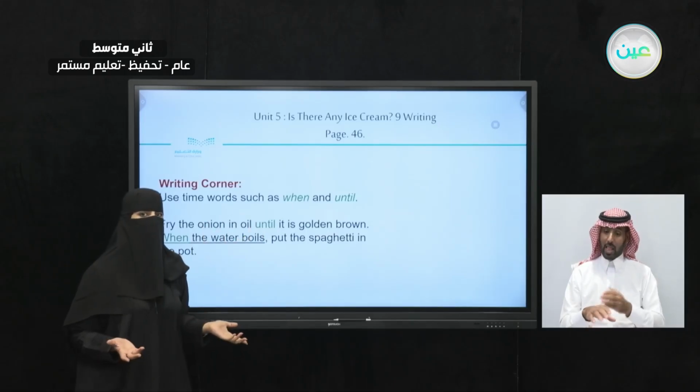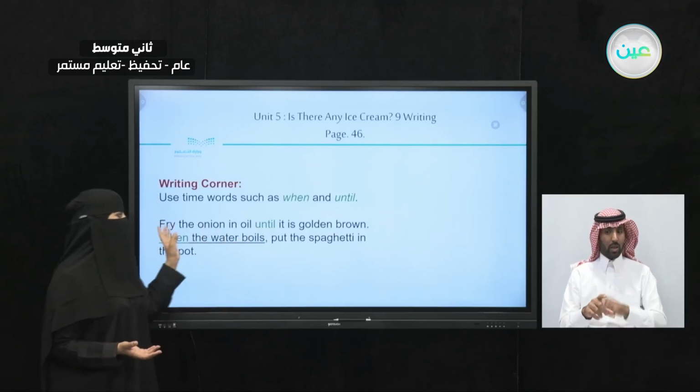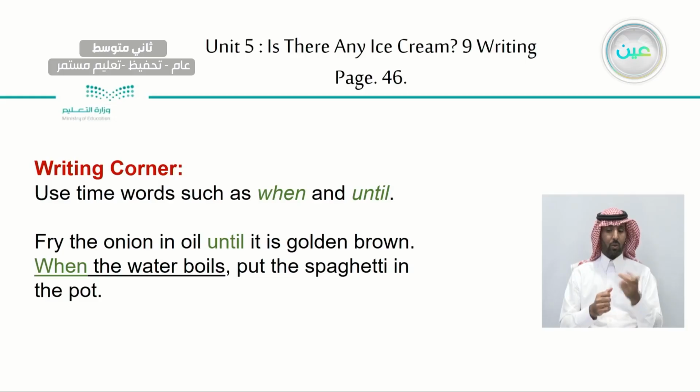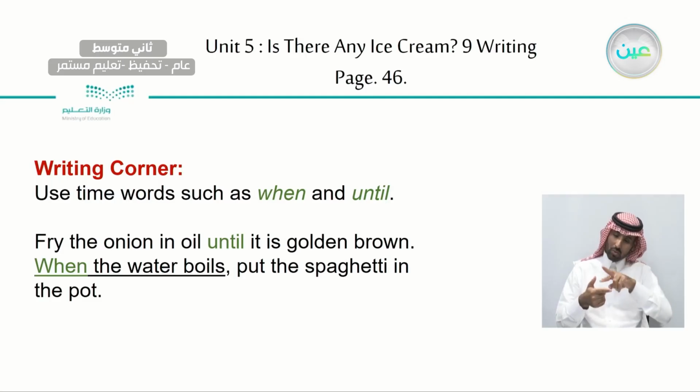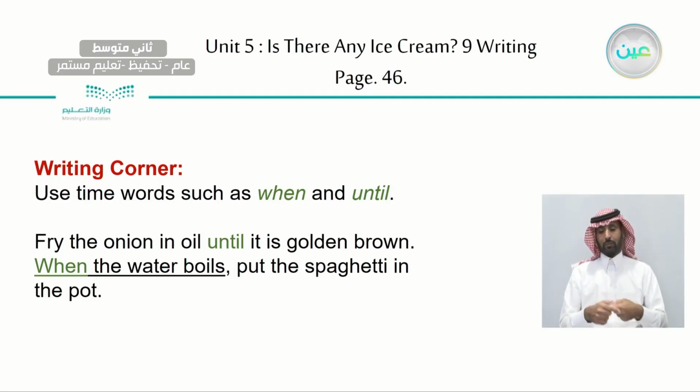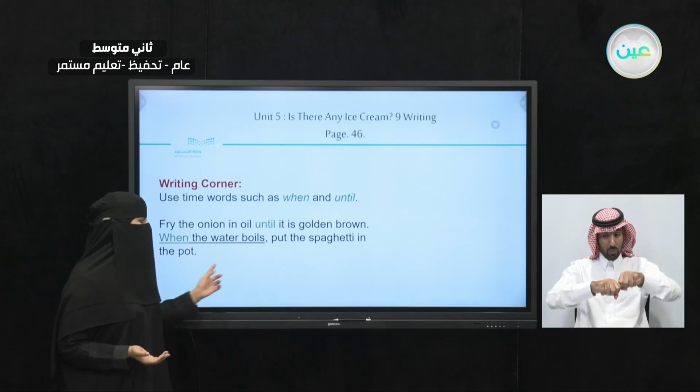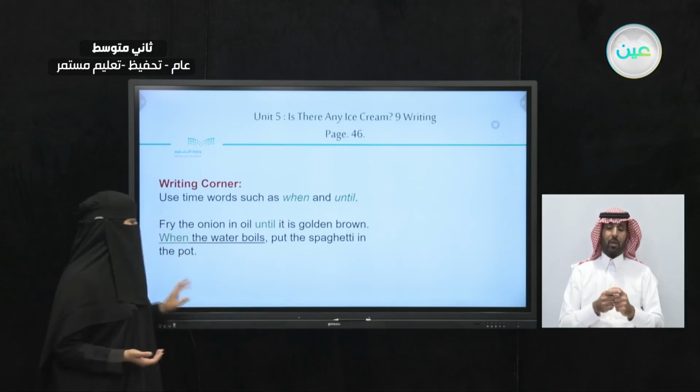Now, when are we going to use until? We can use it when something happens, or do something until you see the difference. So you're frying the onion until you see the difference in the onion, until it's golden brown. And in the other example with when the water boils, what are you going to do? Go to the next step. Put the spaghetti in the pot.